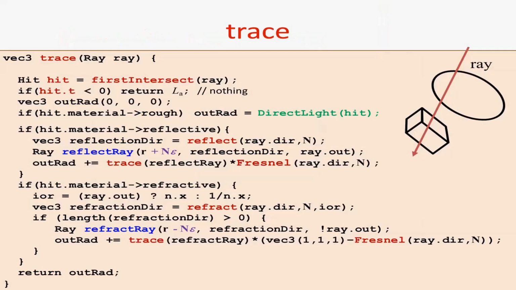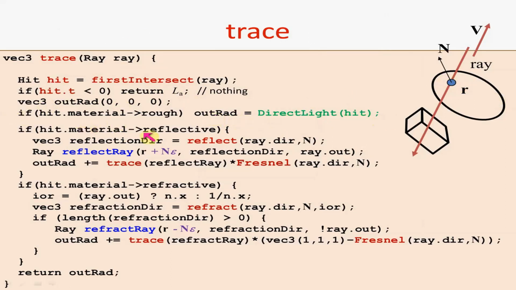So in this generalized trace function, the trace gets the ray as before. First we calculate the first intersection if it exists. If it doesn't exist, then the function returns the ambient light. If this surface is a rough surface, the previously implemented direct light function is used to compute the output radiance.